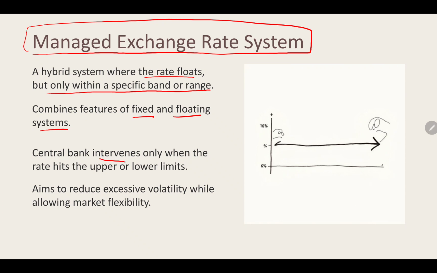The central bank intervenes only when the rate hits the upper or lower limits, meaning there is a band limit of the exchange rate, so it should not increase or decrease beyond it. It aims to reduce excessive volatility while allowing market flexibility.